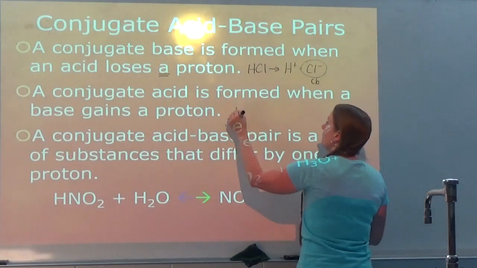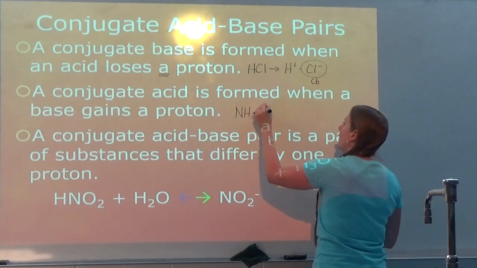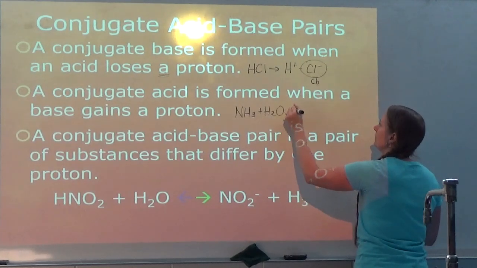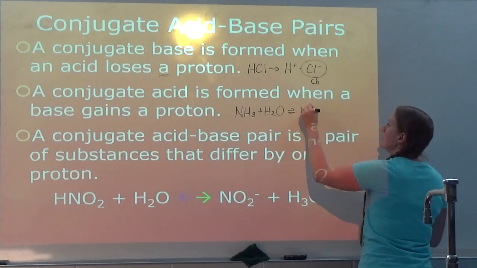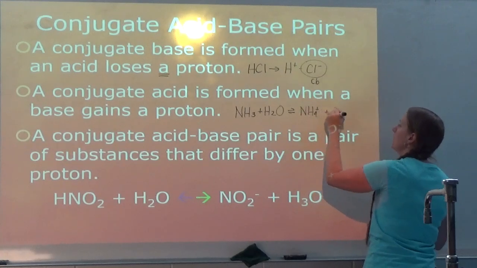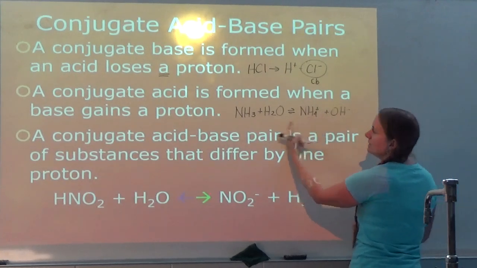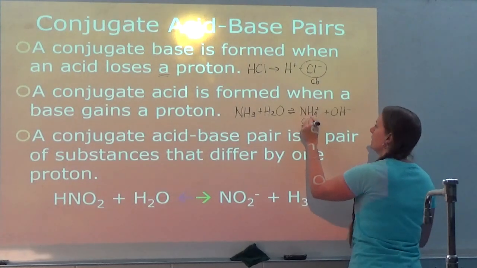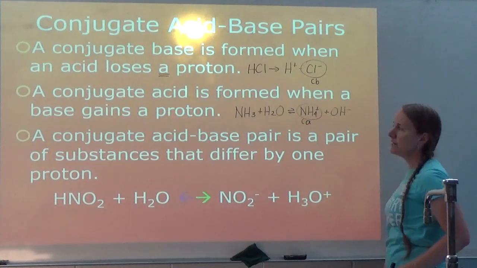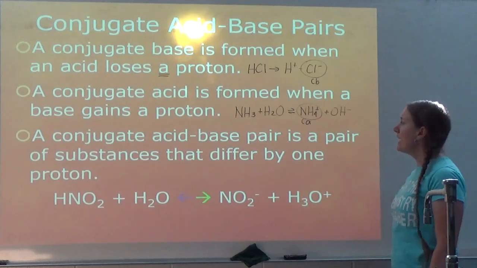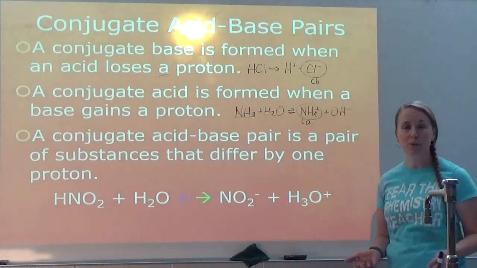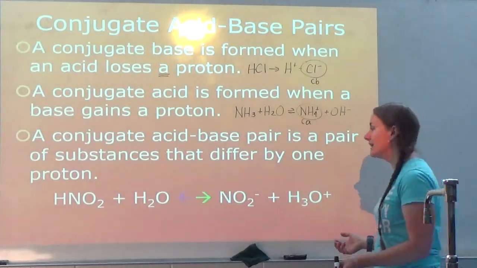So for example, if I have NH3 and I add water, it's going to make NH4+ and OH-. See, this is when the base has gained 1 proton. So this would be the conjugate acid right here. And then a conjugate acid-base pair is a pair of substances that only differ by 1 proton. Can't differ by anything else.